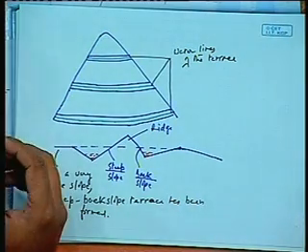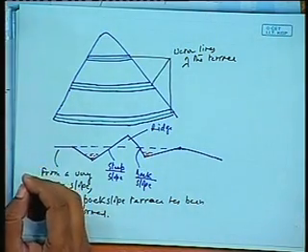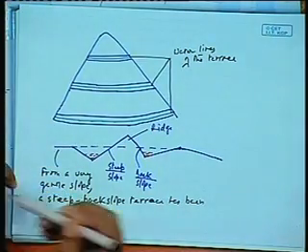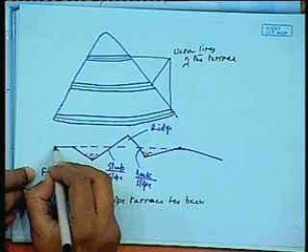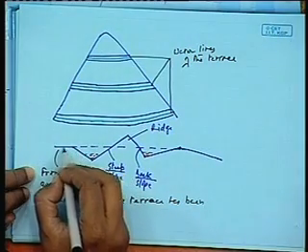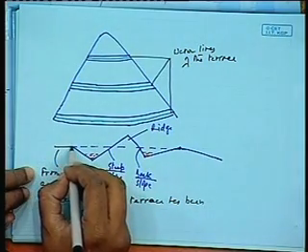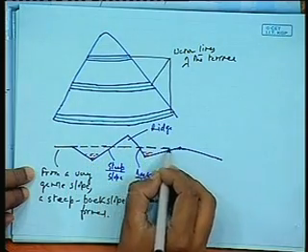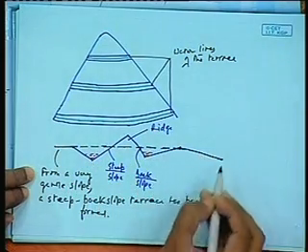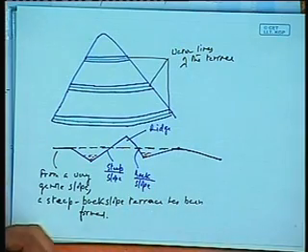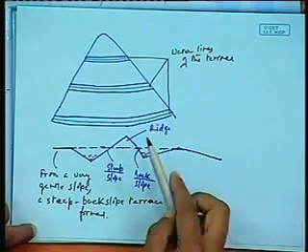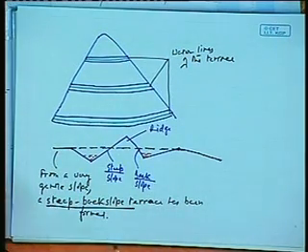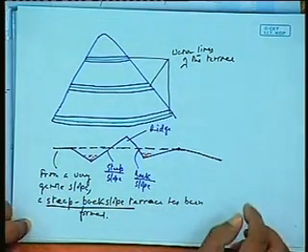Here it tries to show that from the initial level, drawn in black, you can see how the ridge has been formed, and this is the steep back slope terrace.